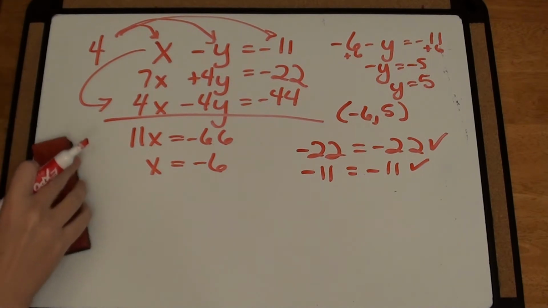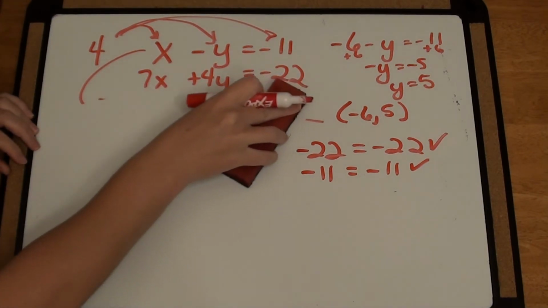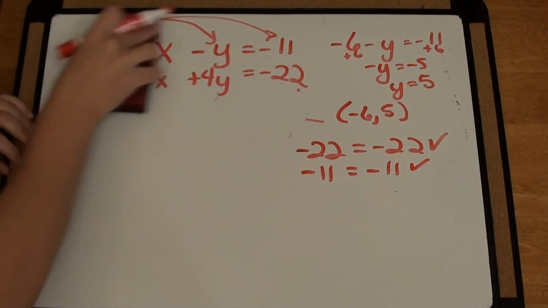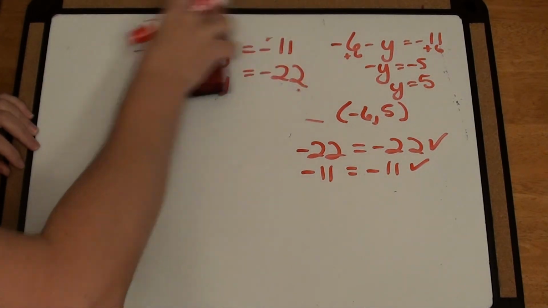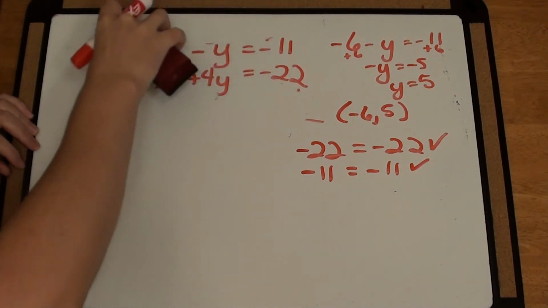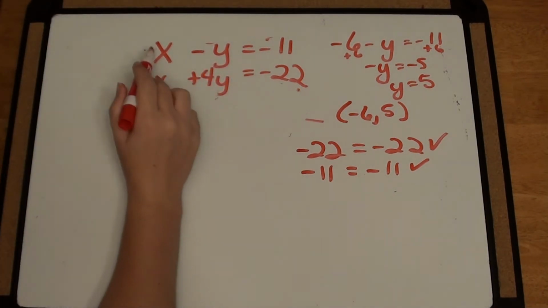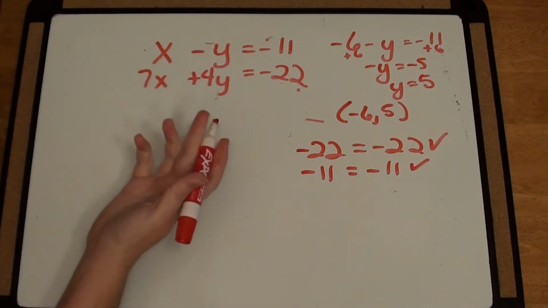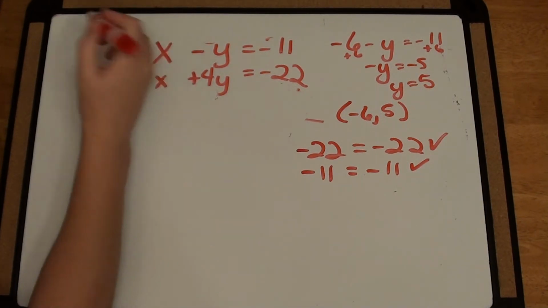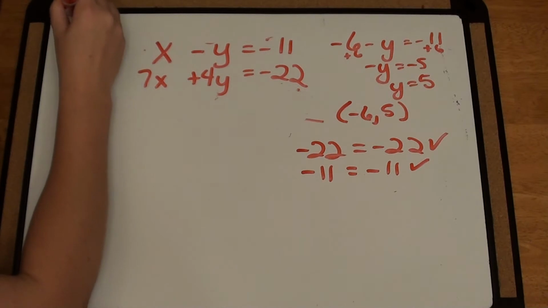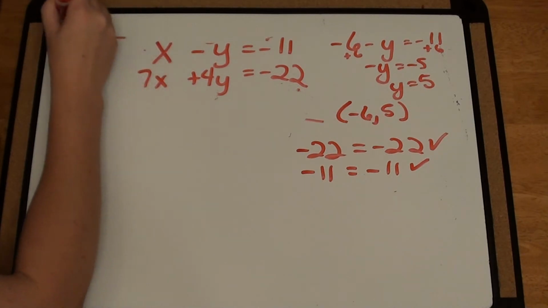Now that we have that, I want to go back and plot these lines, just so you can see how that point matches up with where they cross. Okay, so if I plot this one, I'm going to go ahead and change it into slope-intercept. Actually, I'll just do this. x, y.